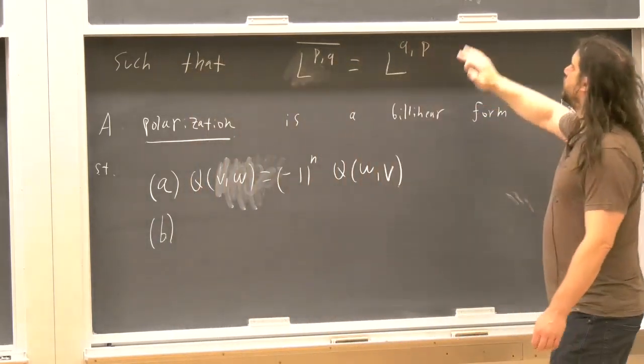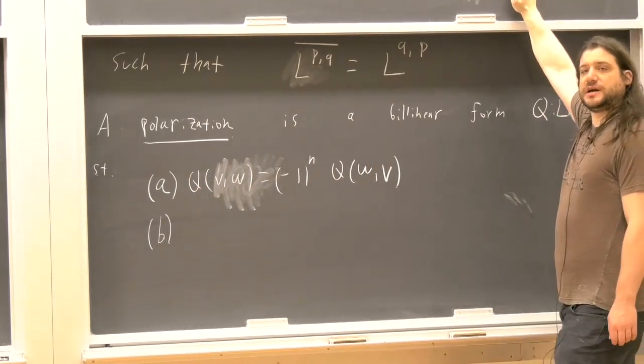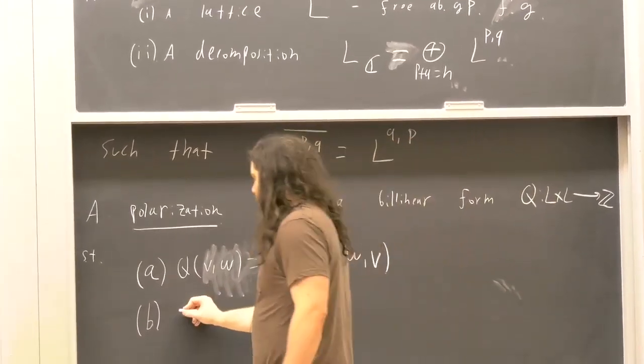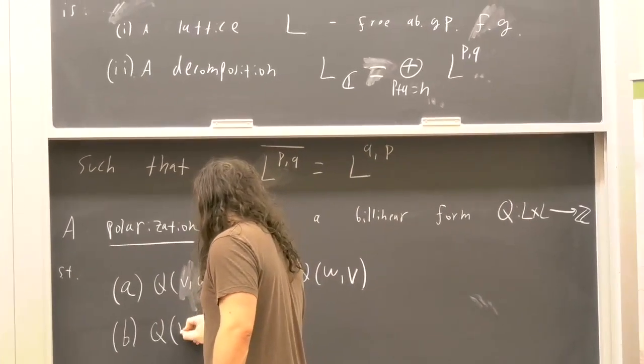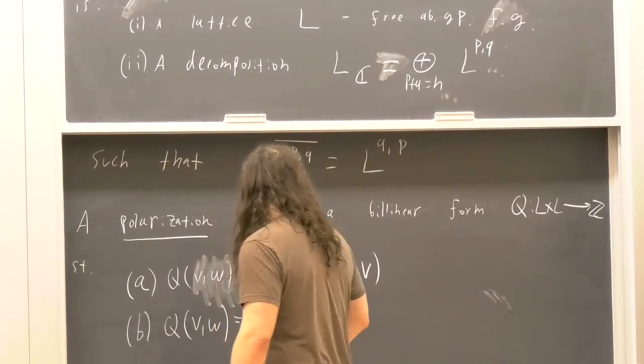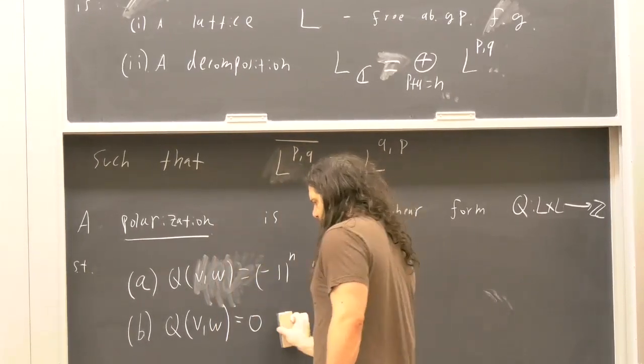Second of all, we want this decomposition to be orthogonal with respect to the polarization. So if I look at Q of V and W, well, sorry.